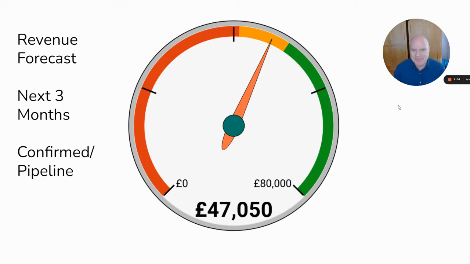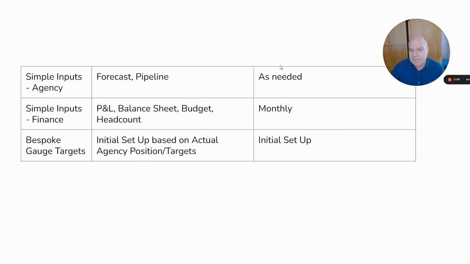Obviously, definitely is a strong word, but we can also bring in elements of the pipeline, those projects that are in negotiation, or those projects we're pitching for. So it gives you a range of outcomes, so you can start to do some planning over the next 3 months in terms of resource changes that you might need to make. So this is one dial. The gauges are obviously made bespoke for the size of the agency and the targets of the agency.